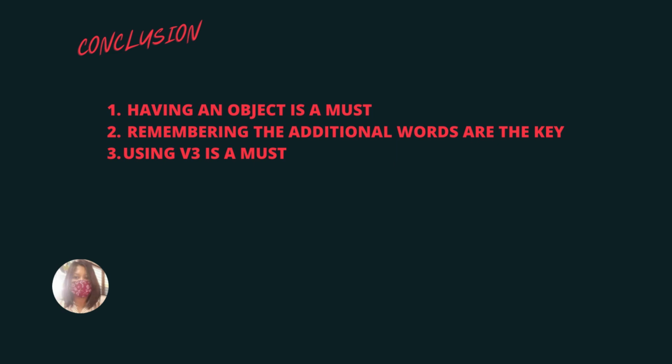And the last thing that I want you to remember is that passive always uses verb 3. Always verb 3. So you have to change verb 1 into verb 3, verb 2 into verb 3. That's the 3 conditions that you have to remember when you try to change a sentence into passive.